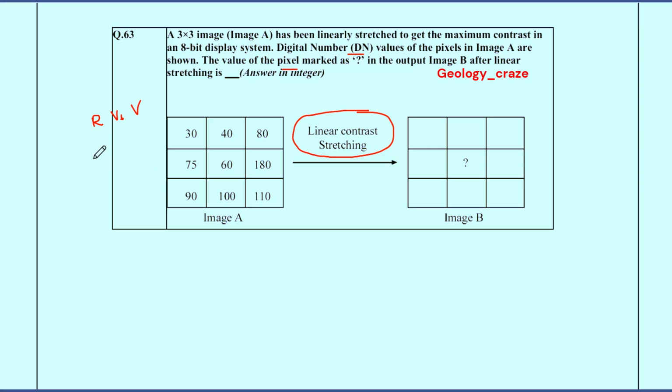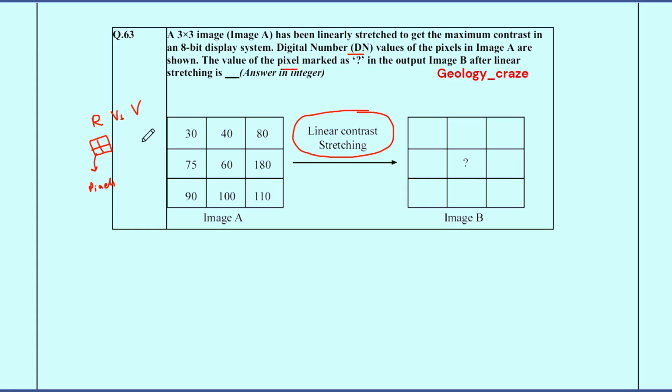Raster is an image which is in the form of grids, and one single grid is a pixel.